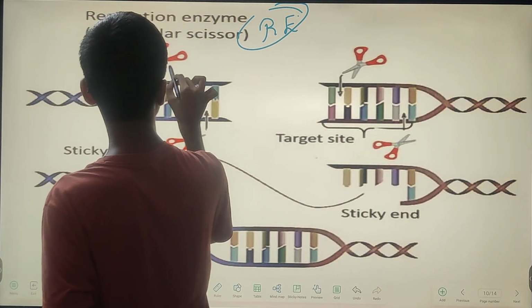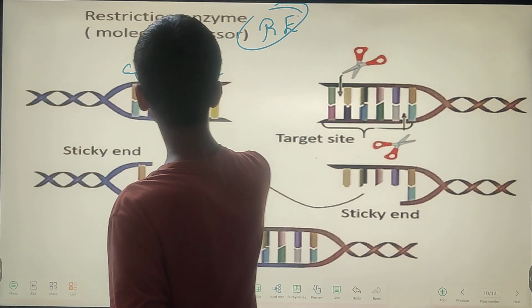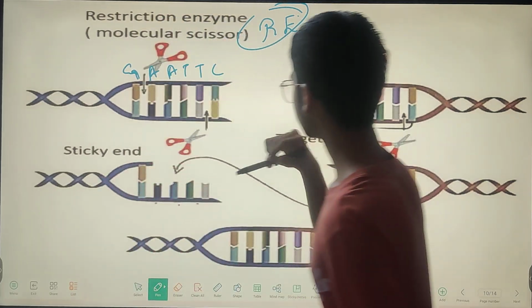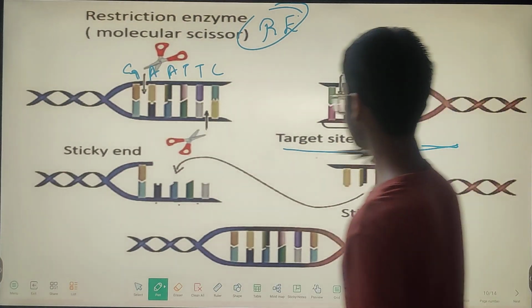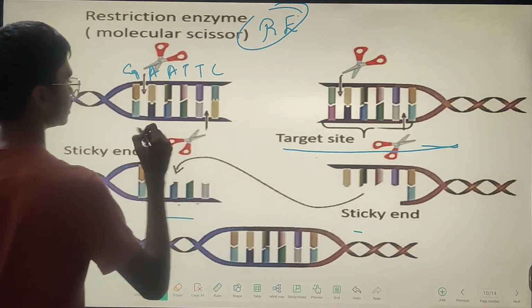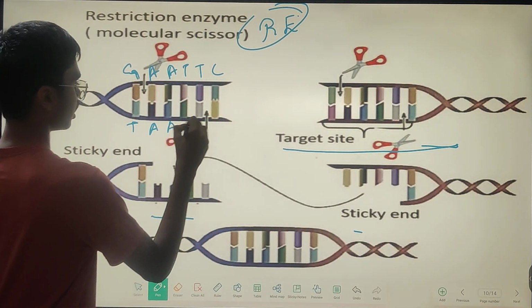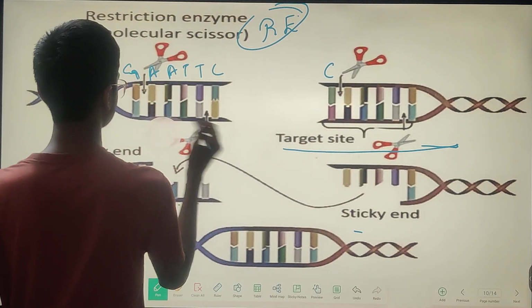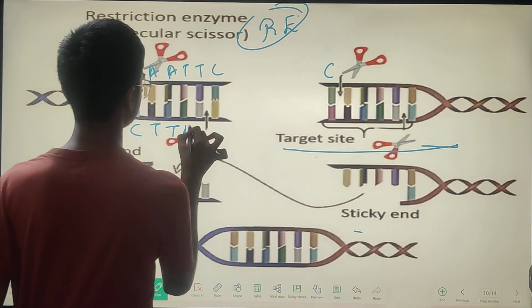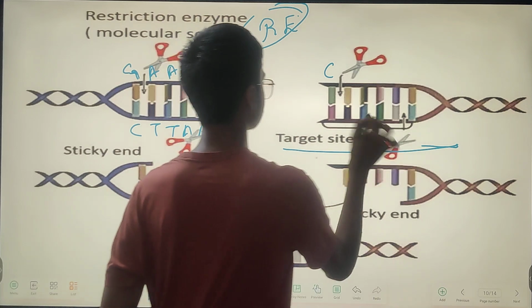Here this is the target site, and here this is the target site. Here also you are having GAATTC. Sorry, here it should be exactly opposite: CTTAAG. Here also it will be like that only.